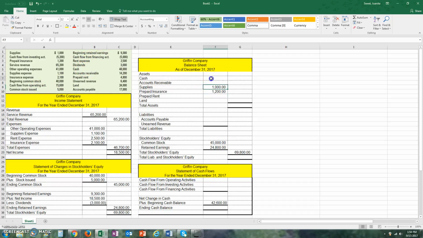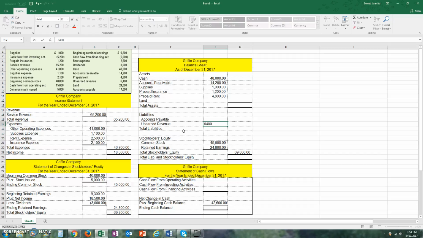I have the cash account, accounts receivable, there's the prepaid rent. Just going down the list. Unearned revenue. Unearned revenue is a liability because revenue is recognized when the work is done or the goods are exchanged.